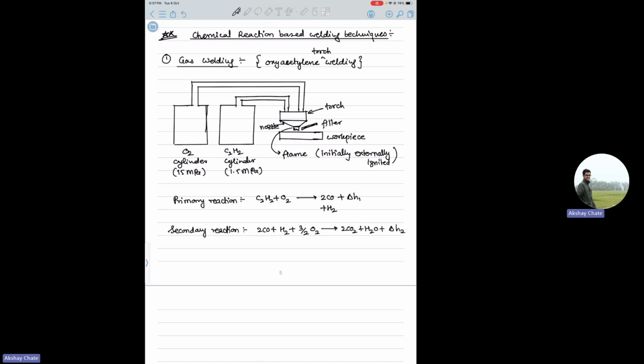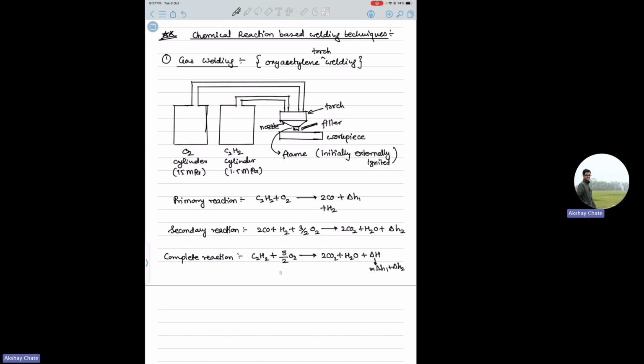So this complete reaction is a stoichiometric reaction. In this case you use 1 mole of acetylene gas and a total of 2.5 moles of oxygen gas, and you get CO2 plus water vapor and some delta H, which is typically equal to delta H1 plus delta H2.